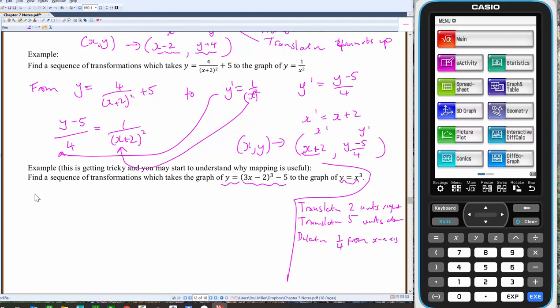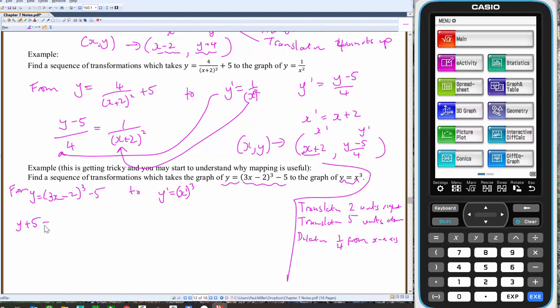Okay, so let's get mapping to do this one for us. y equals 3x take 2 cubed take 5. So we're going from this to y equals x cubed. I'm going to throw some dashes in there to indicate that that's the image of the original. All right, let's get it ready for pairing.